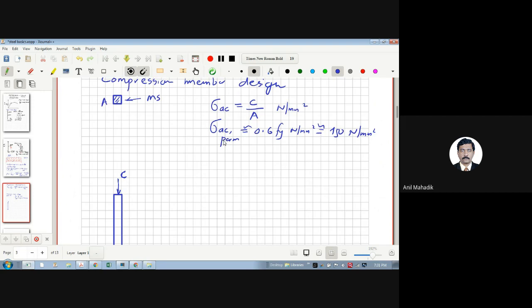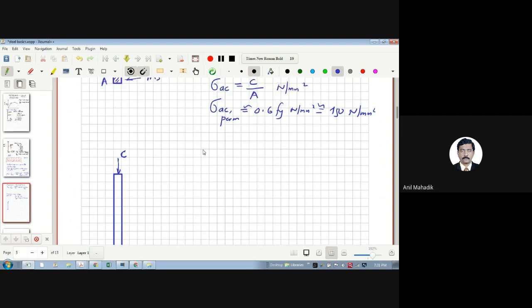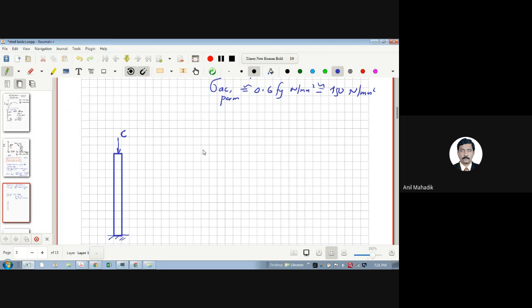But you will see that once you increase the compressive force slowly, let's say first it was 10 kilonewton, then 20 kilonewton, then 30 kilonewton. As you increase the compressive force, at one moment of time, what will happen to this? Let's say I'm just having this restraint.